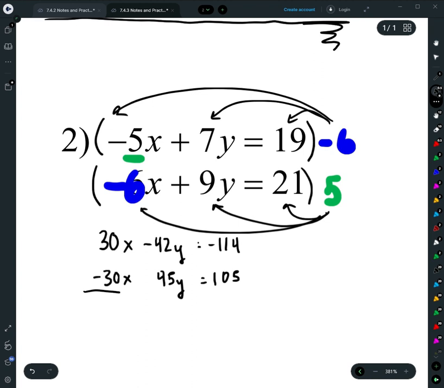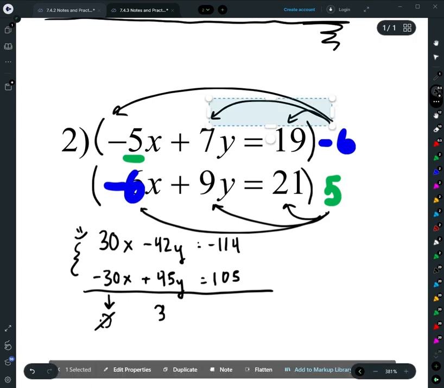There are different ways to do these. So if you're thinking, why didn't I multiply the bottom by 7 and the top by negative 9? That's okay. But in the end, you should have variables that cancel. So this, again, makes us happy, the positive, negative. And negative 42 plus 45 is going to be just 3y.